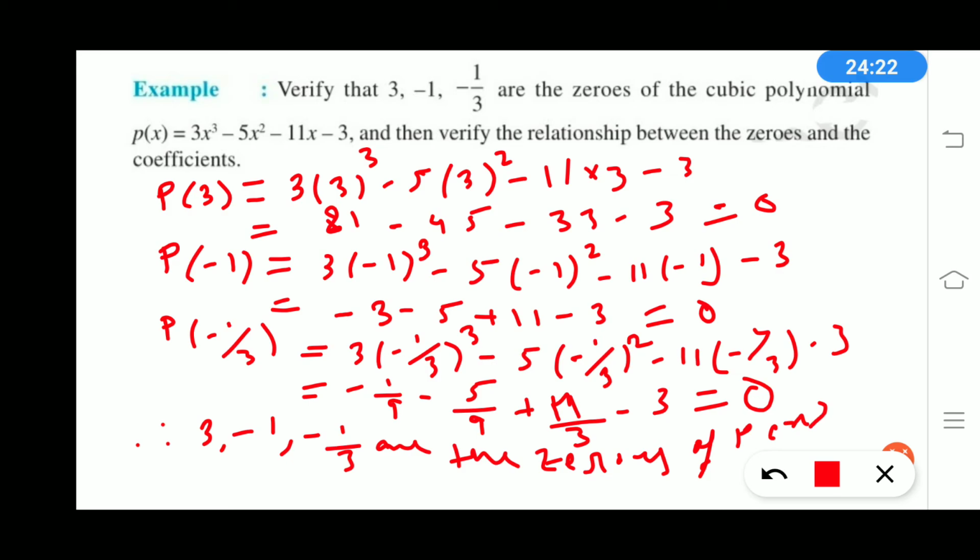That means the zeros of the polynomial p of x equal to 3x cube minus 5x square minus 11x minus 3. So the first part is complete. Next, the second part is to verify the relationship between the zeros and the coefficients. Here the zeros are 3, minus 1 and minus 1 by 3.